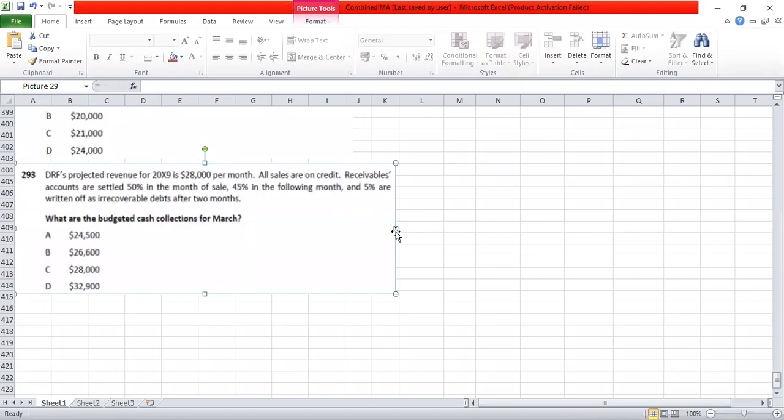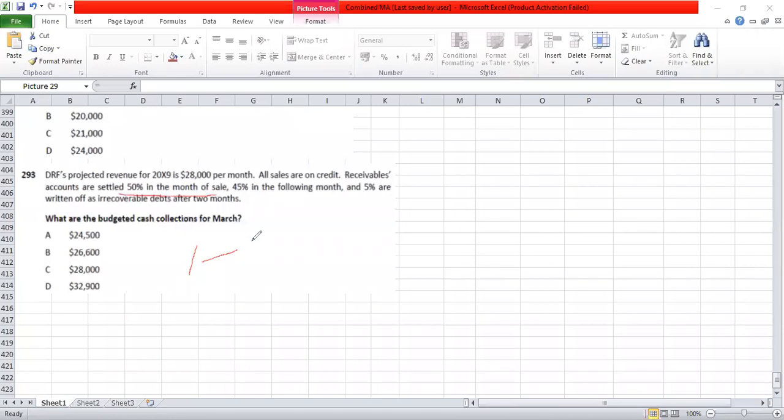So here it is given that, let's say in a particular month, the sales happen. Let's say month 1. Entire amount is on credit sales, but out of this total sales, 50% is settled in the month of sale.